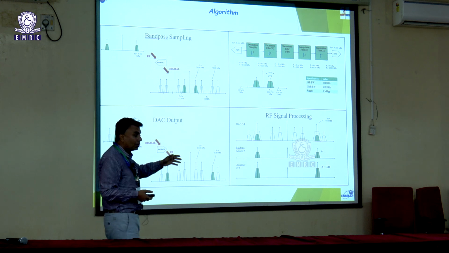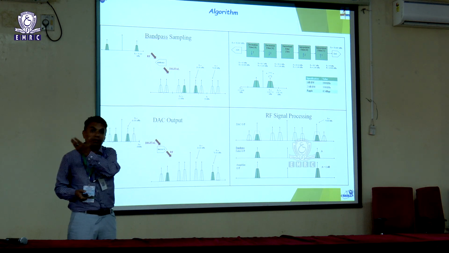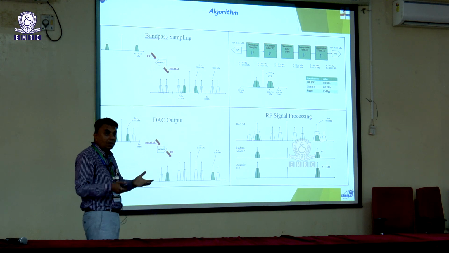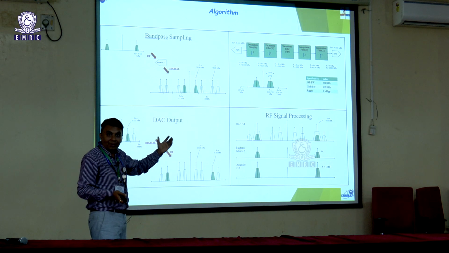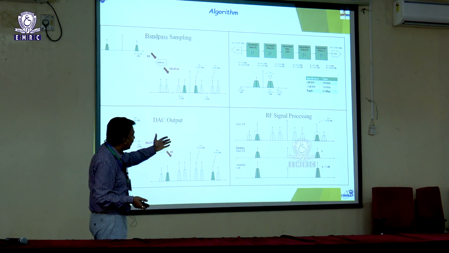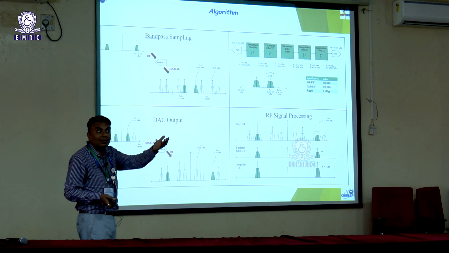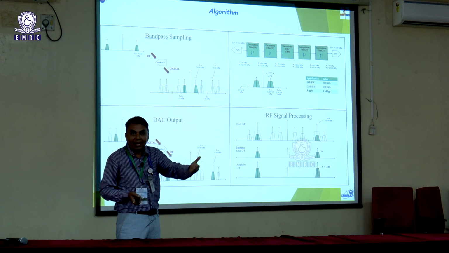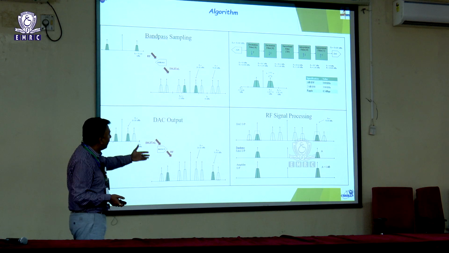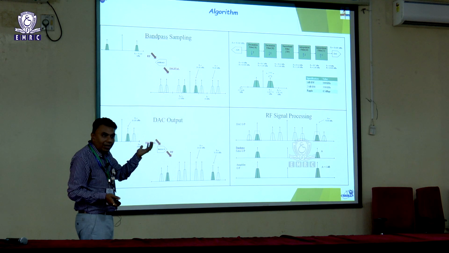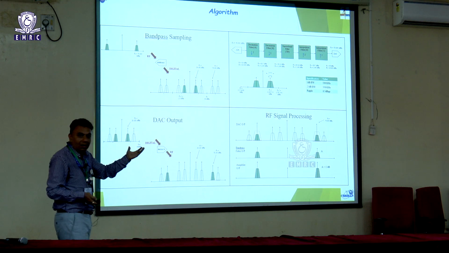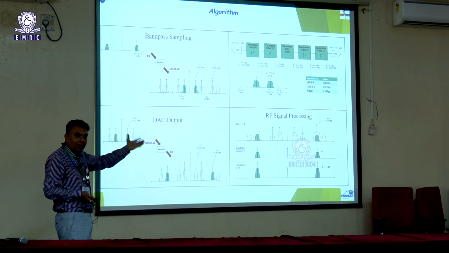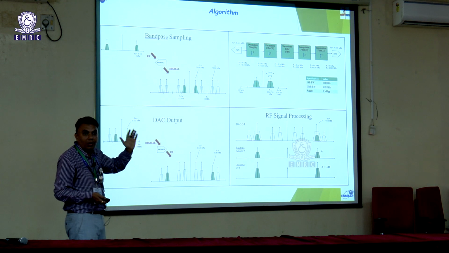Similarly at the DAC side, the DAC also gives you different Nyquist zones. So instead of using the primary zone, we try to capture the fourth or fifth Nyquist zone. Using some advanced algorithms, we reduce our system clock so that reliability increases. That way we migrated from the 284 megahertz Virtex 4 design to the RTX 4000 50 megahertz design, and this performance is very good and the design reliability has increased 4 times at least, I can say.